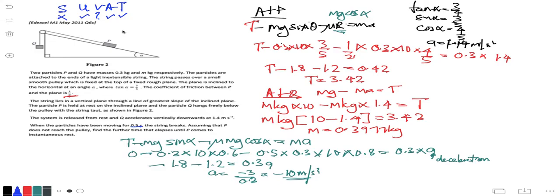So v equals u plus at, so v equals 0 plus 1.4 times 0.5. From there v equals 0.7 meters per second. This is the speed it was traveling at before it snapped.